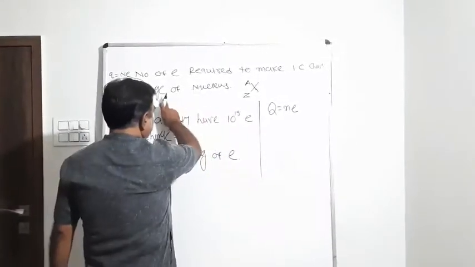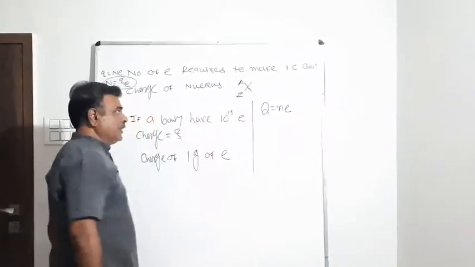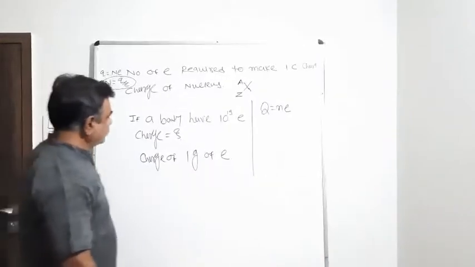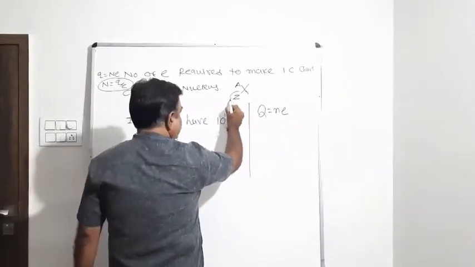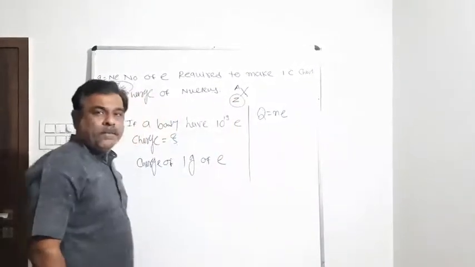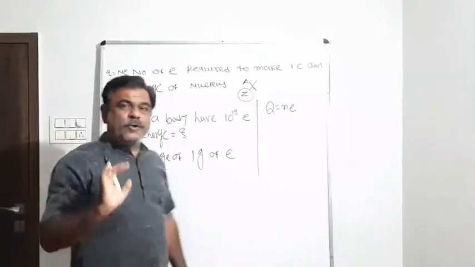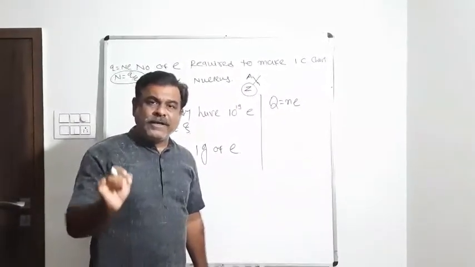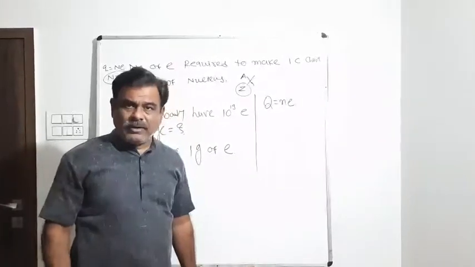Same way, I asked about the charge on the nucleus, XZA. Here Z contains the number of protons, and each proton has charge 1.6 into 10 raised to minus 19 coulomb.